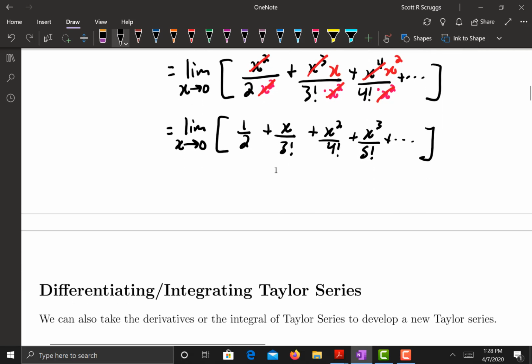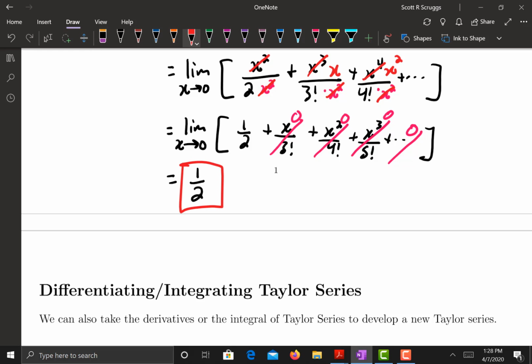And now because I'm taking the limit as x goes to 0, and this is a polynomial, polynomials are continuous, so the limit of a continuous function is the exact same thing as plugging it in. So that's going to 0, that's going to 0, that's going to 0. Everything is going to 0 except for that first term, meaning that my limit equals 1/2 for that answer.